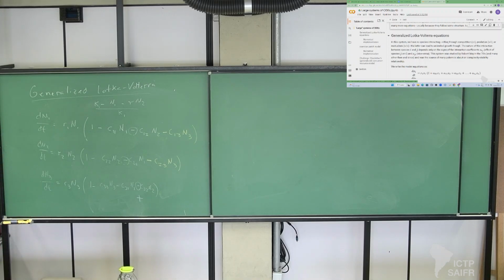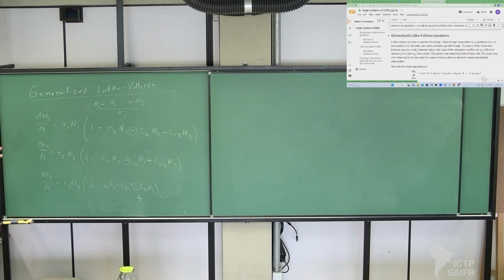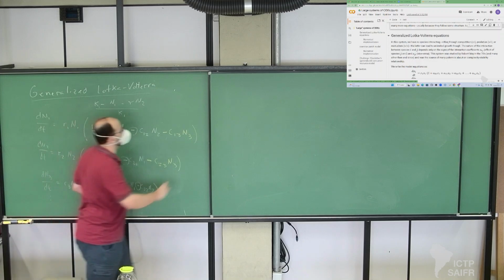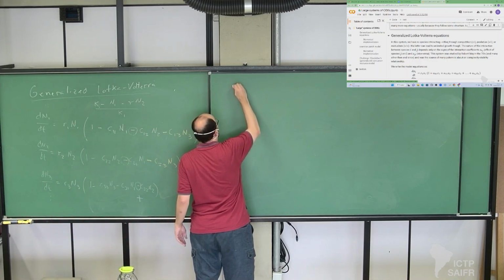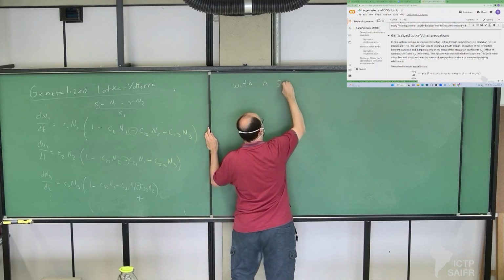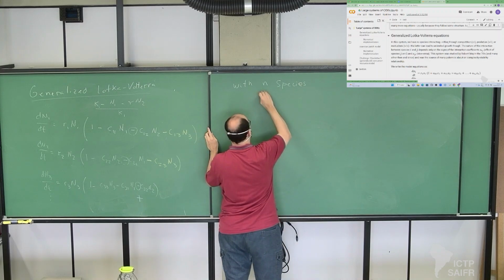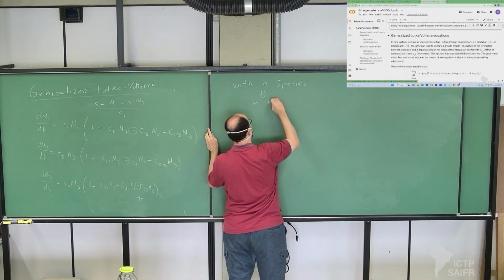Well, the process here is that we have to write these equations in a more compact way. So we have to notice the structure. Suppose that I have n equations with n species. If I have n species, I'll have n equations, of course.